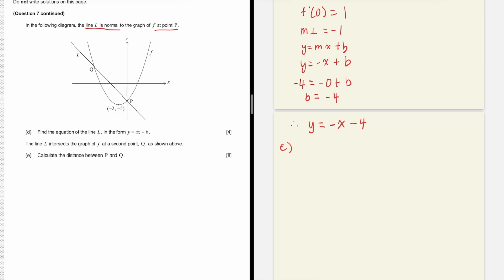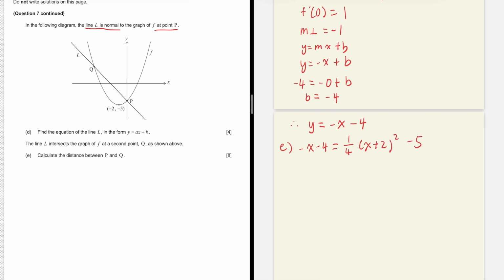Moving on to E. So to find the coordinates of point Q, we have to find the point of intersection of line L and the function. And so we get -x minus 4 is equal to 1/4 (x plus 2) squared minus 5.